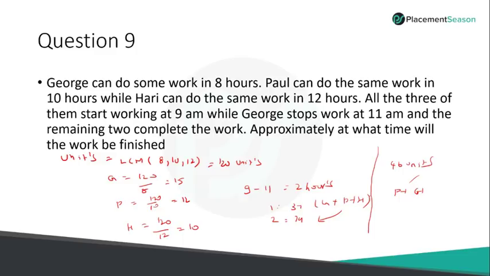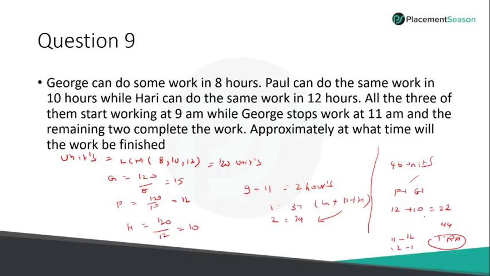It is a kind of remaining work concept. And Paul can finish 12 units and Harry 10 units in 1 hour. So in 1 hour 22, in 2 hours 44. So approximately in 2 hours they will finish the work. So 11 to 12, 12 to 1. So at 1 p.m. they would have finished the work approximately.